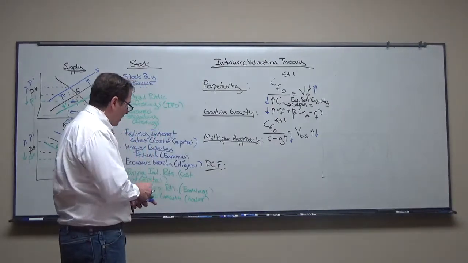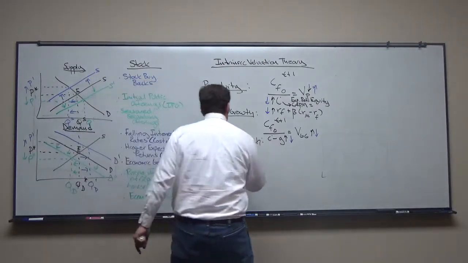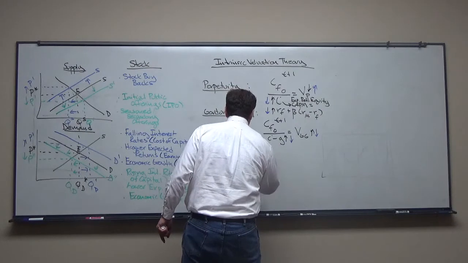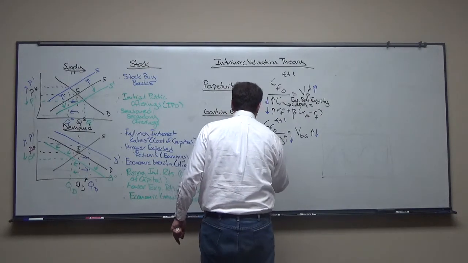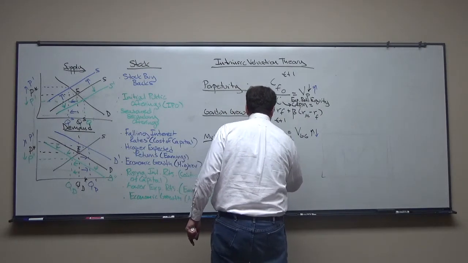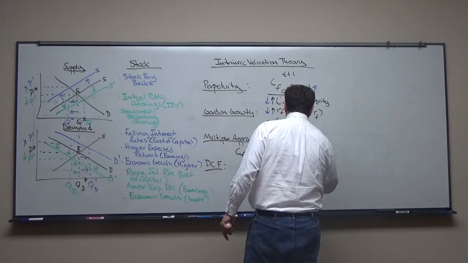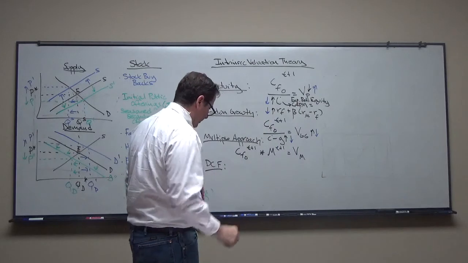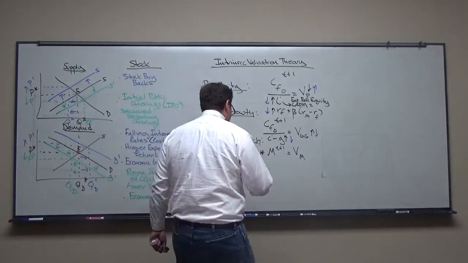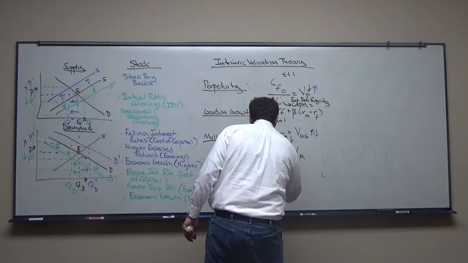And then the multiple approach is the CFO T plus 1 times the multiple T plus 1 equals the value using the multiple approach. And the multiple can be a bunch of different things.